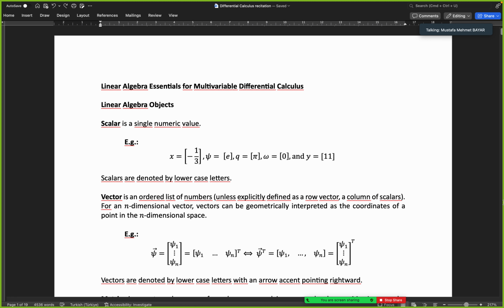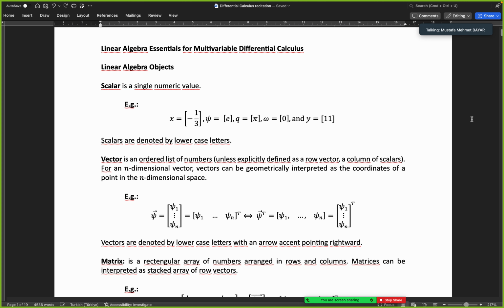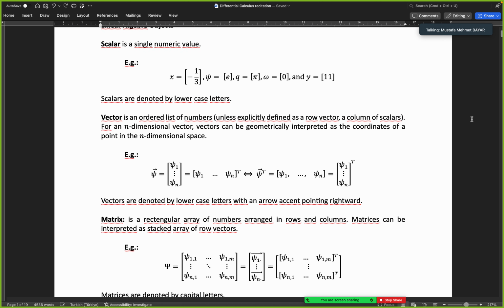The first thing we have talked about was the linear algebra objects. We have named 4 of them. We have named the scalars, which basically are just numbers. We also have vectors. Vectors are just lists of numbers.